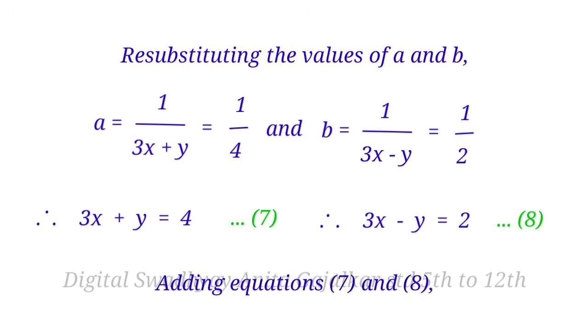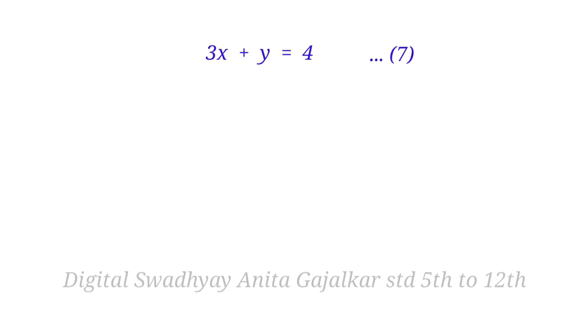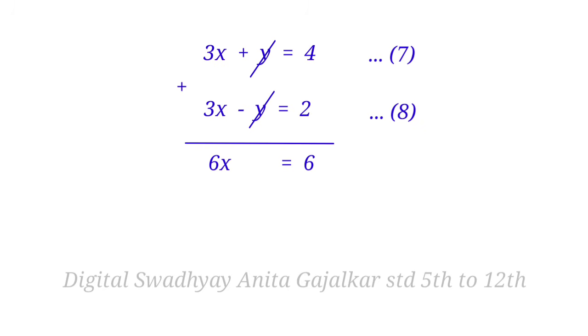Adding equations 7 and 8, 3x plus y equal to 4 plus 3x minus y equal to 2, 6x equal to 6. Therefore, x equal to 6 by 6. Therefore, x equal to 1.